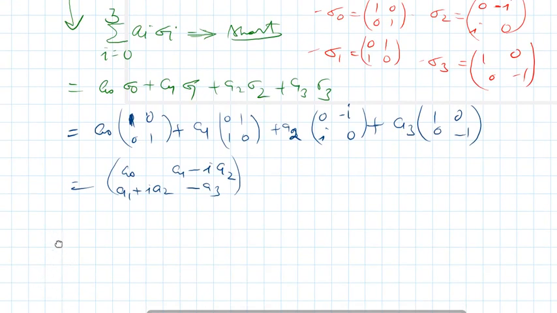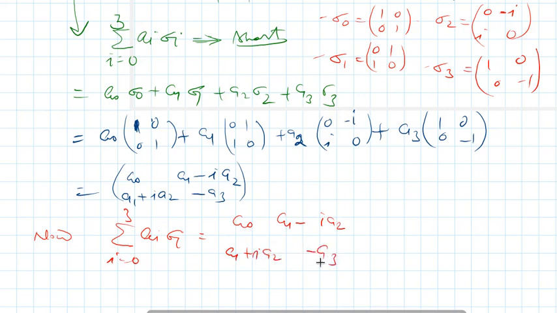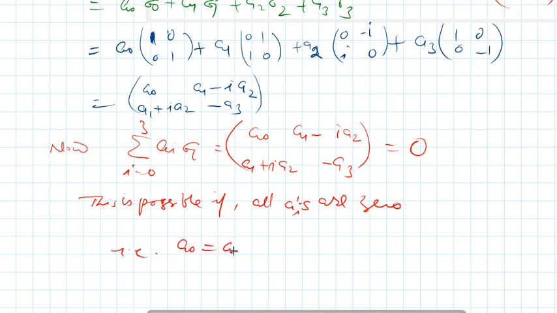This sum must be equal to 0 if and only if all a_i's are 0, that is, A naught = A1 = A2 = A3 = 0.